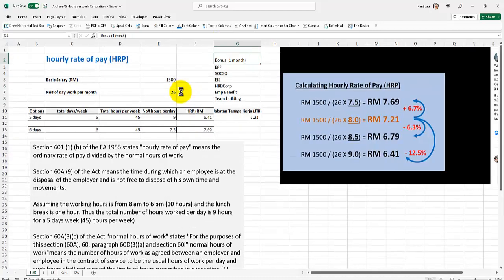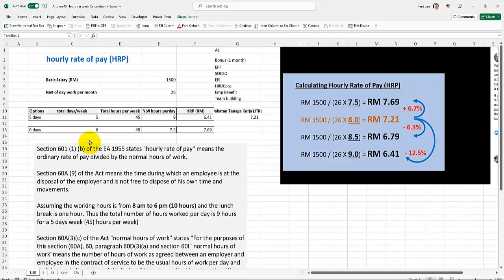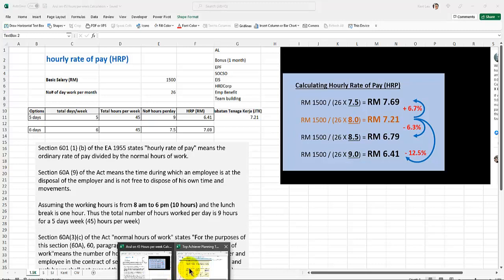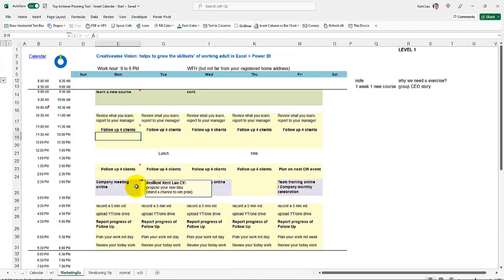And don't forget that you also have annual leave. All of this is there because you are an employee. If you're not, you don't have these things. So to take this, you need to perform according to this.